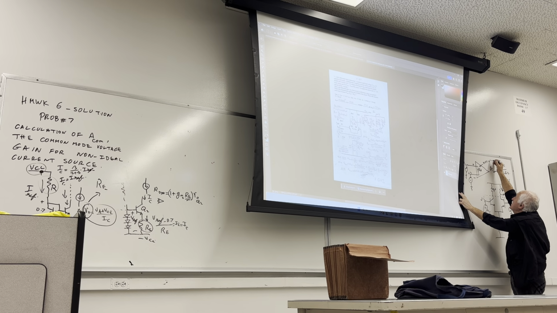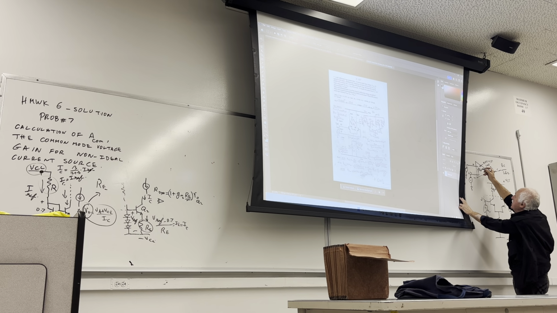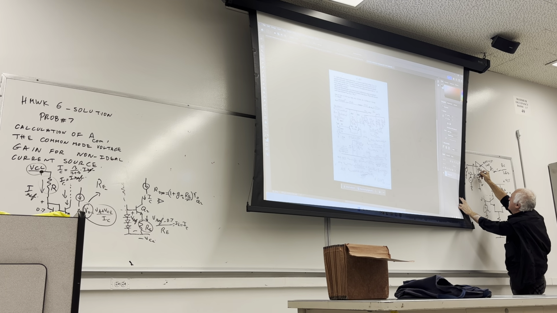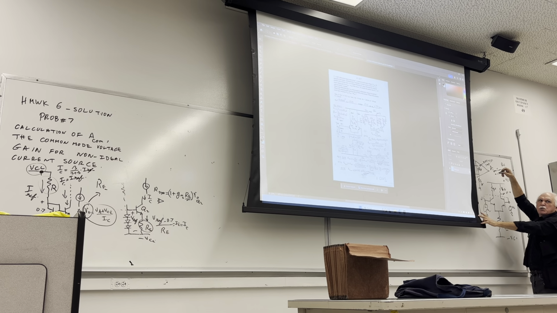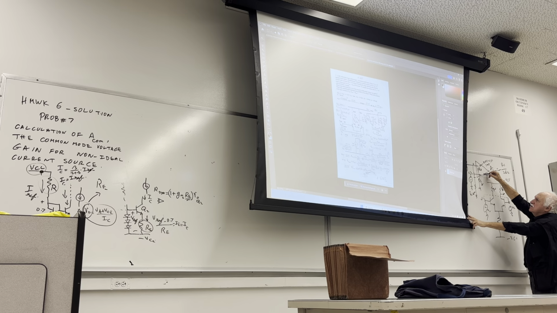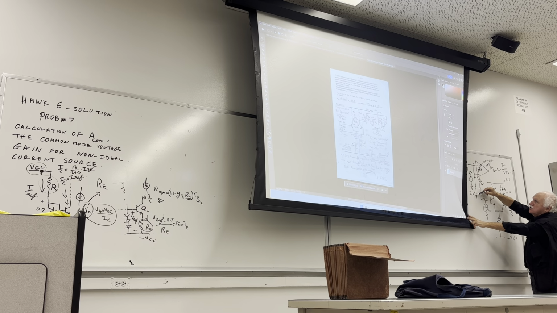But actually, each one, if you join them, has an additional resistance from here to ground, RCOM, and another one from here to ground, RCOM. It is much more complicated actually. See, the model is this one, but with two resistances from here to ground, here to ground.